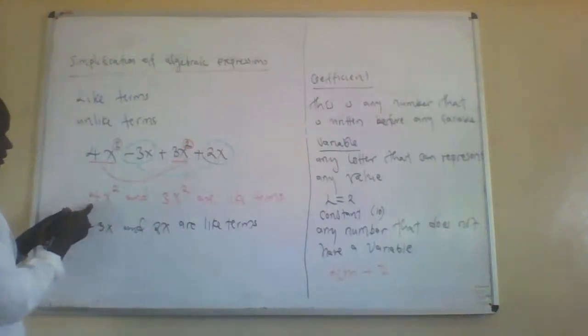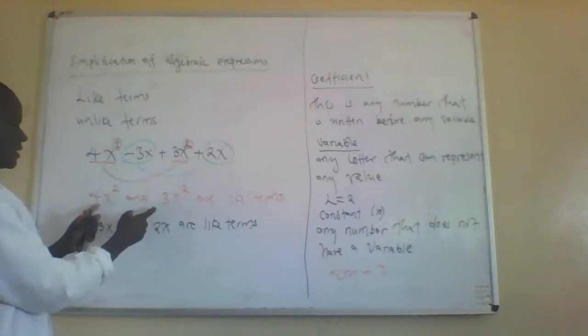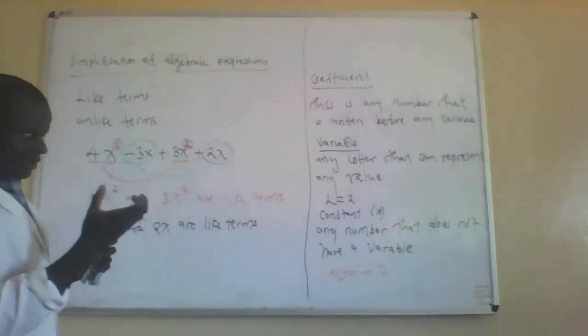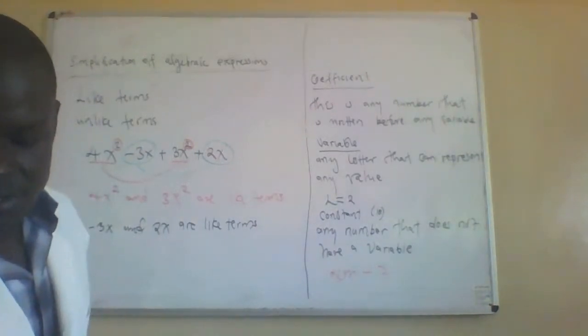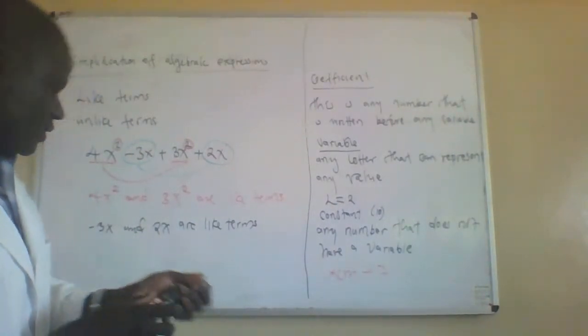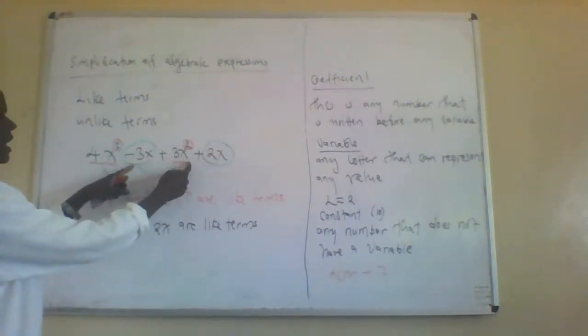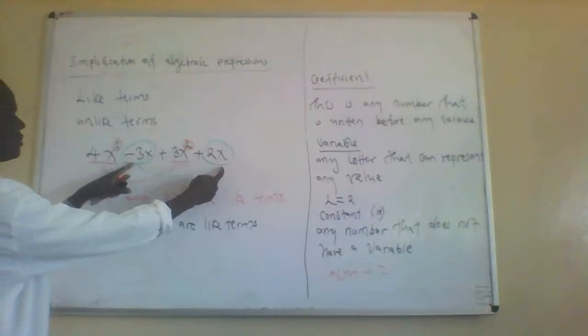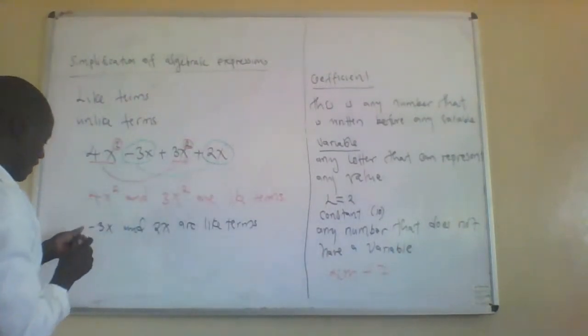As you can see here, the coefficient here was a 4, the coefficient here was a 3. So the coefficient has got no role to play in identifying which one is a like term and which one is not. So if these two are like terms and these two are like terms, therefore we can say that the remaining pairs are unlike terms.